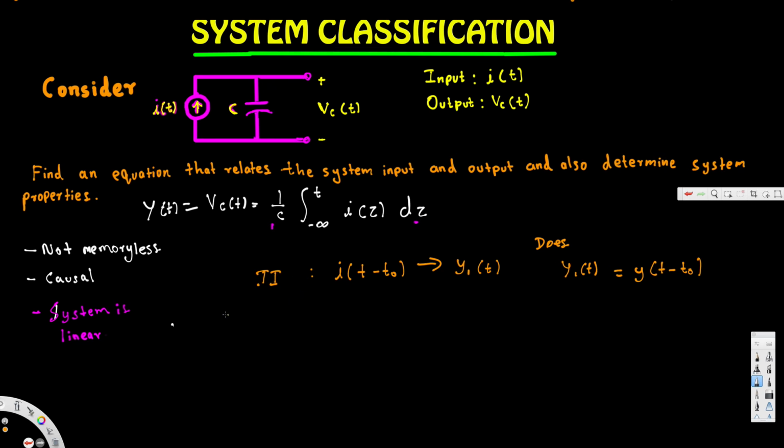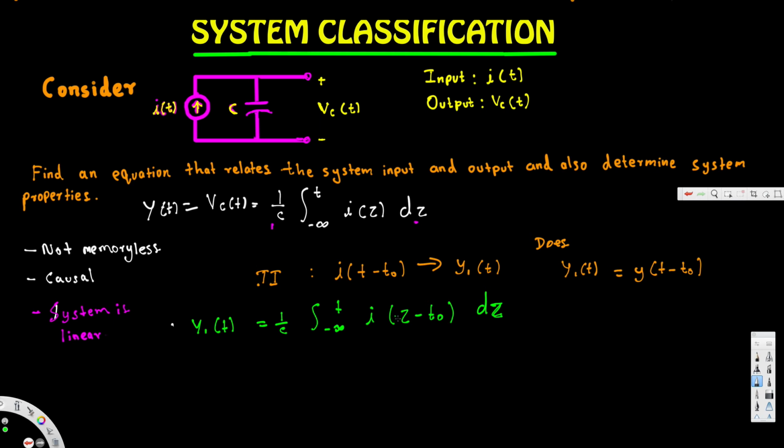To do that, first I'm going to do the integration: y1 of t equals 1 over c, integral from negative infinity to t, of i of tau minus t naught, d tau. We are integrating with respect to d tau.